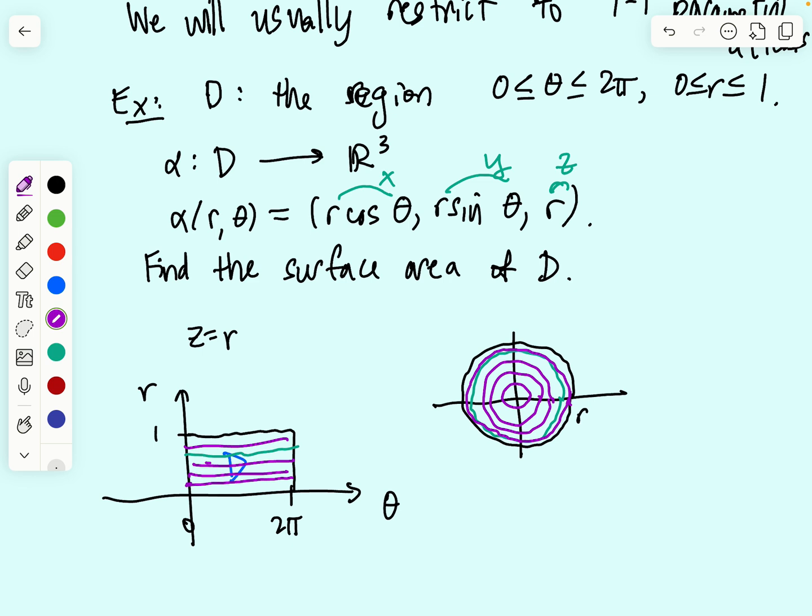So that's if you had alpha of r theta equals r cosine theta, r sine theta, but now you have Z, so you have r cosine theta, r sine theta, r. And what that's going to do is now Z is equal to R, right? So if you look at what happens when Z is between 0 and 1, R is between 0 and 1. So let's say you look at when Z is 2/3, then that's R equals 2/3.